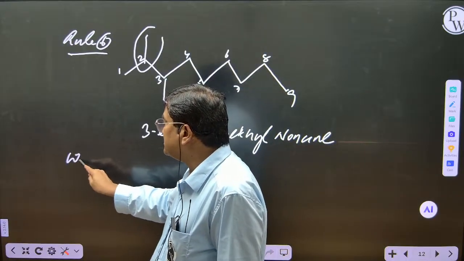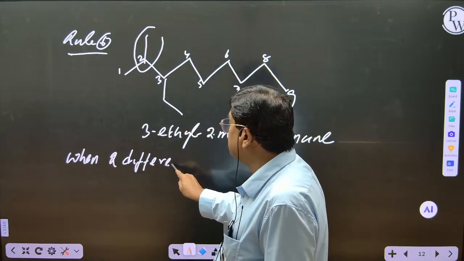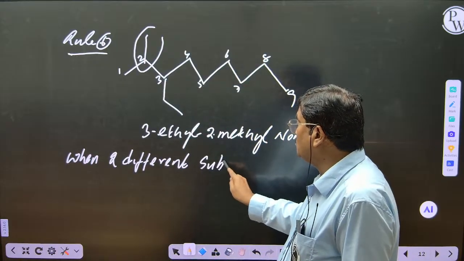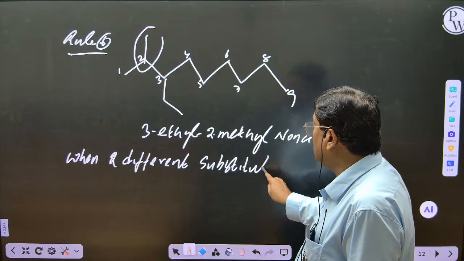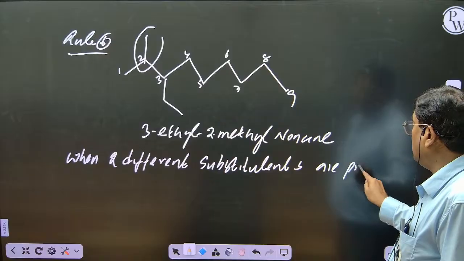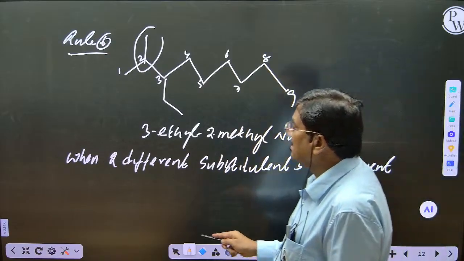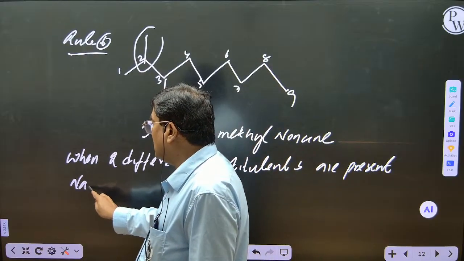When two different substituents are present, then whom do we call first? Naming is done in alphabetical order. Naming of substituents should be done in what? Alphabetical order.